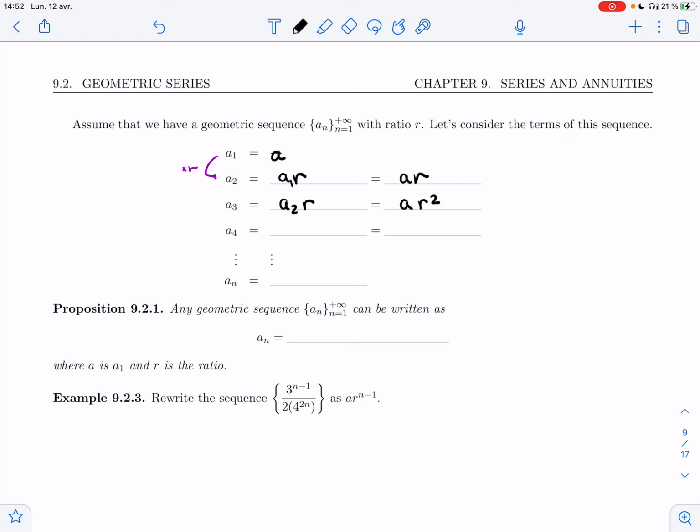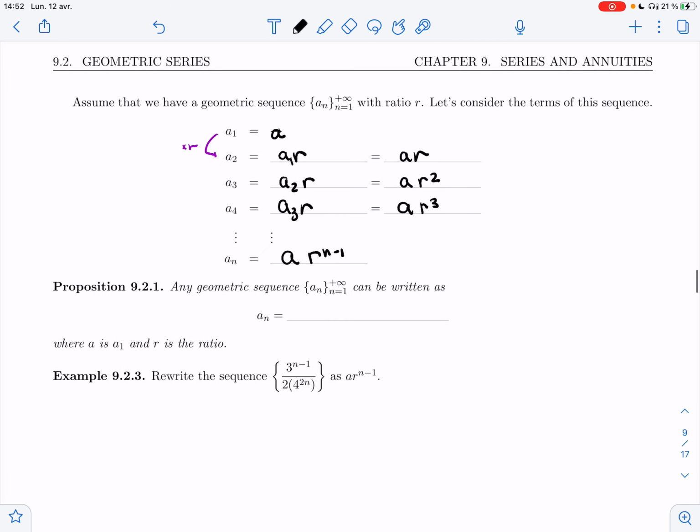So every time you get an extra r, a r cubed. And so for n equals 4, you get 3. For 3, you get 2. So for n, you will get a times r to the power of 1 less than your order in the list.